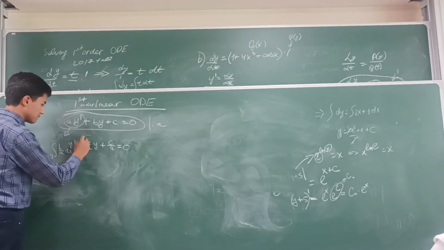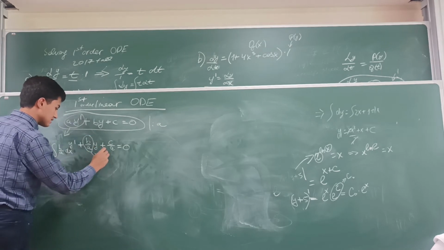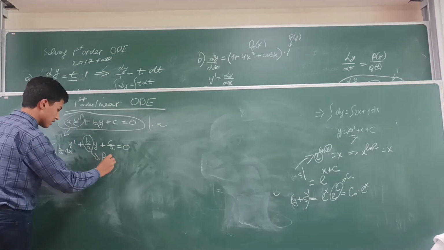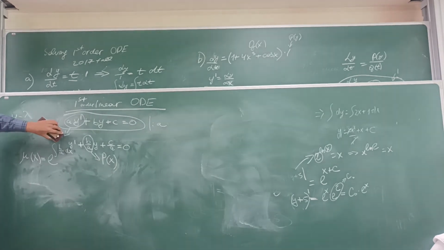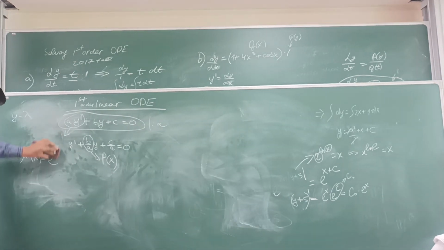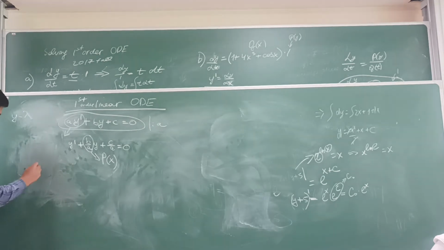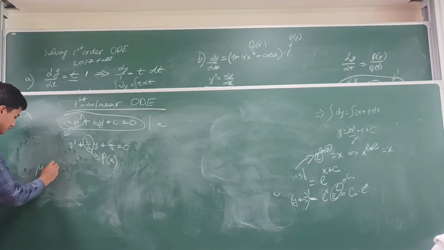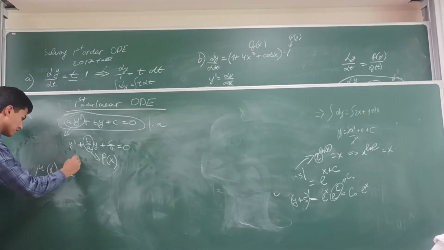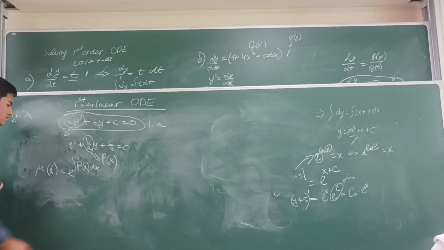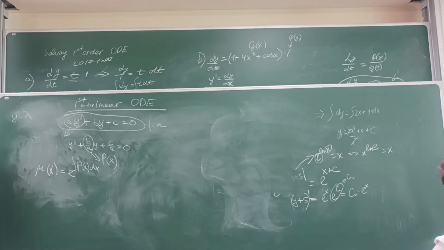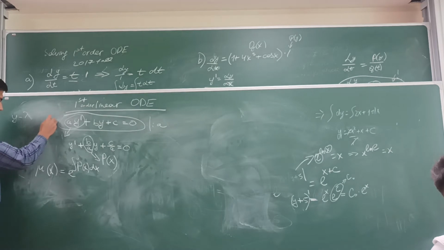Let's denote this b over a as p(x). So you find the integrating factor, e to the power of the integral of p(x) dx. This is just the formula, this is the process, and we'll consider some examples.